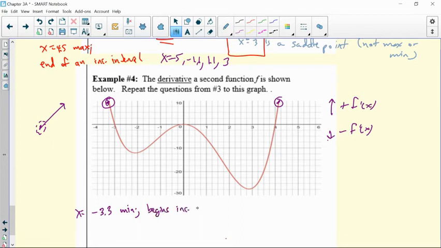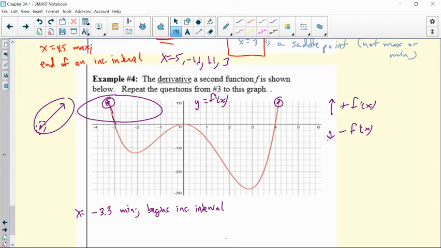It begins an increasing interval. And again, you might be visually deceived because you might say, well, wait a minute, it's going down. Yeah, the derivative's going down, but because all of this is above the x-axis and this represents the derivative, then these y values all represent positive slopes. So the function that we can't see is going up.